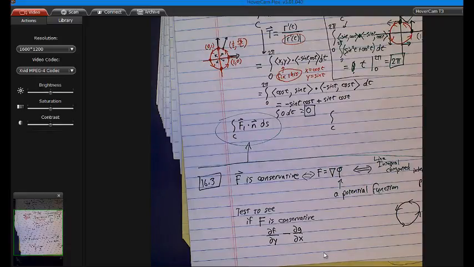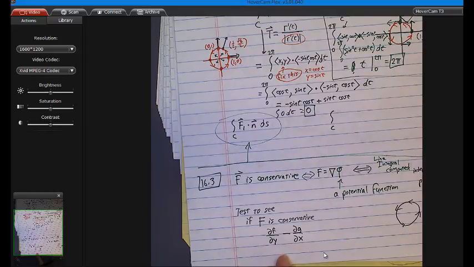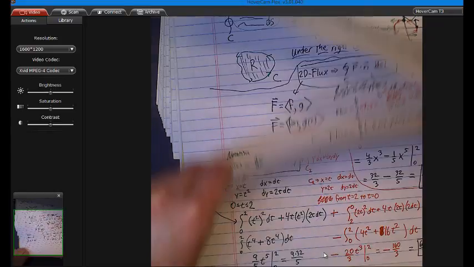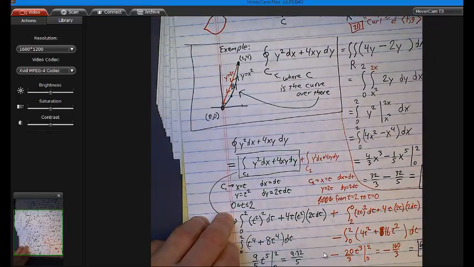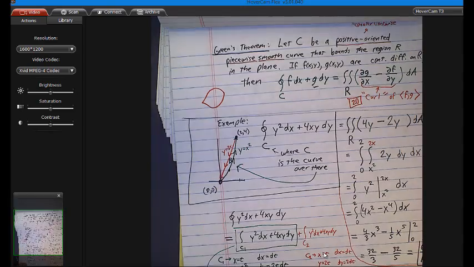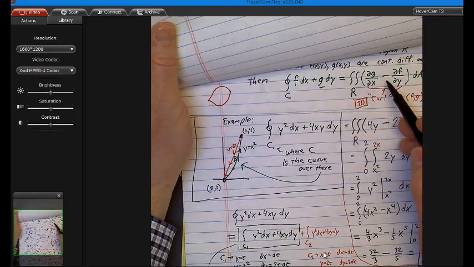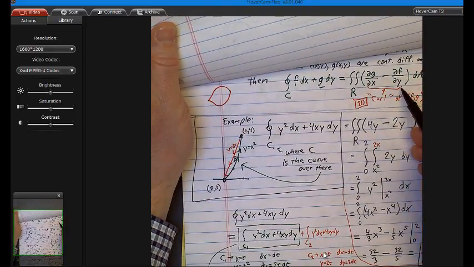I feel like we just saw that. Wait a minute. Where was that? Well, in Green's theorem, we had dg dx minus df dy.